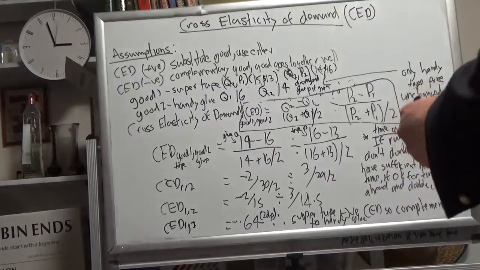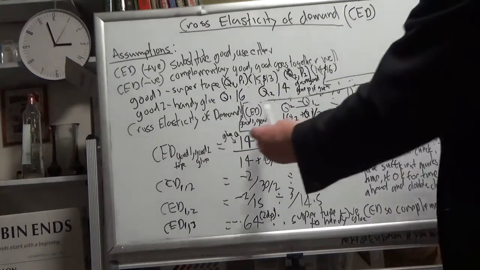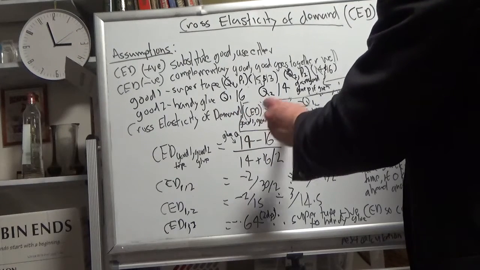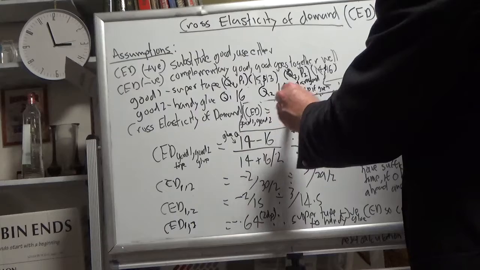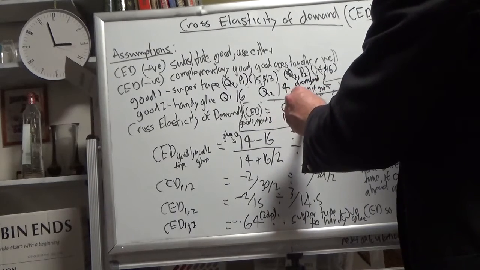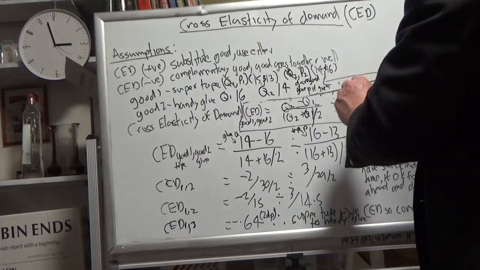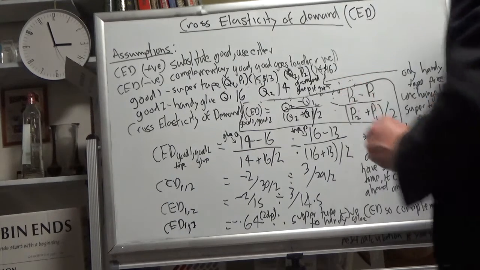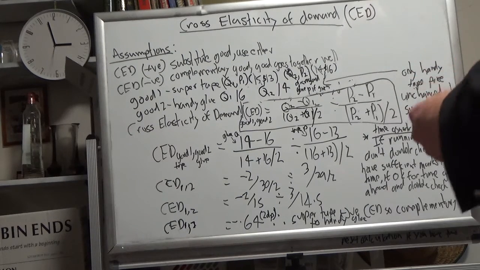So here's our formula for cross elasticity of demand. CED between good 1 and good 2 equals Q2 minus Q1 over Q2 plus Q1 over 2, divided by P2 minus P1 over P2 plus P1 over 2. Okay, again quite long, and we've just got to do it step by step.